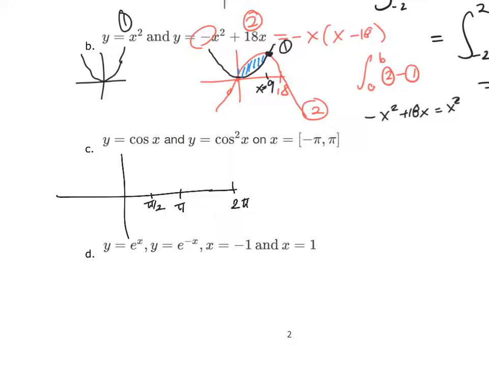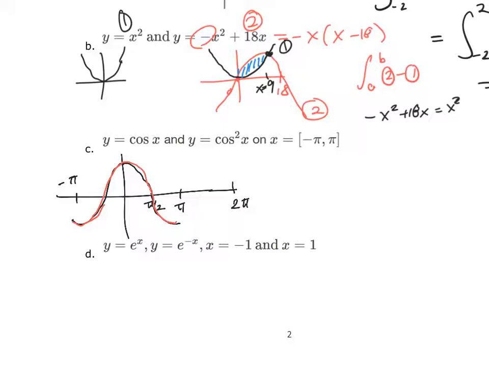My cosine wave would start at 1, go through pi halves, and then it would go down. It'd have a minimum at negative 1. And the same thing is going to be true here. So it's going to look something like that. So negative pi to pi is this part right here.